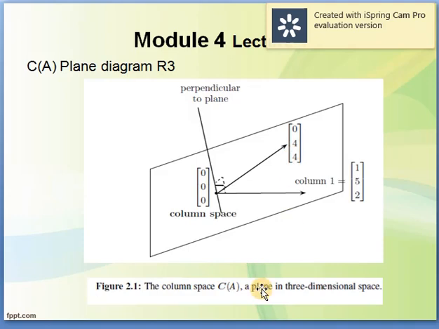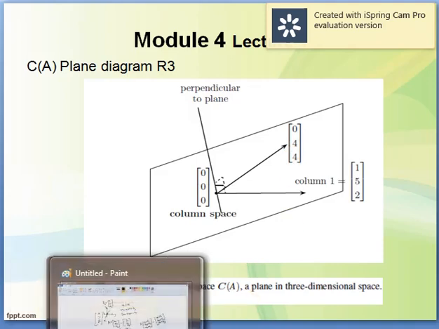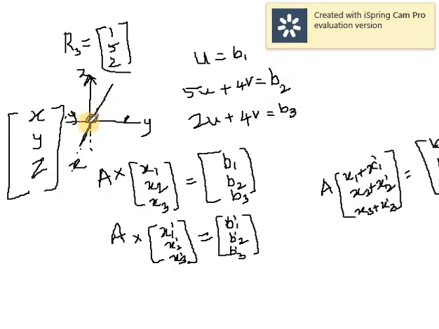Similarly, 0, 4, 4 is represented. It is a 0, no movement about x. 4 means about y there is a 4 movement, and then vertical 4. So which will be in this way.